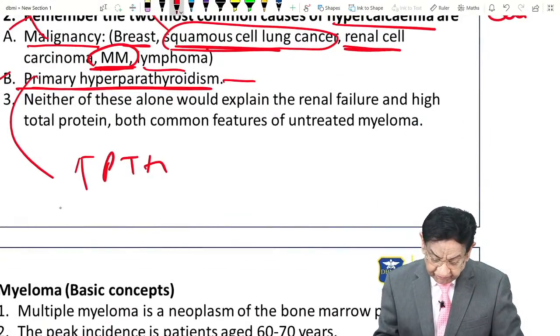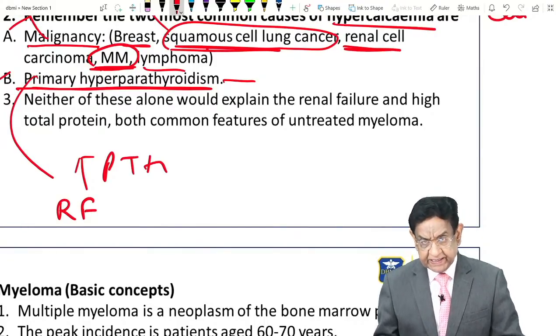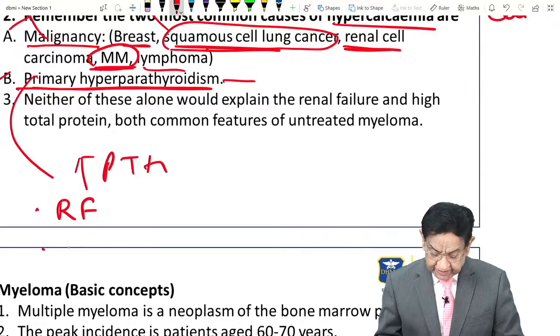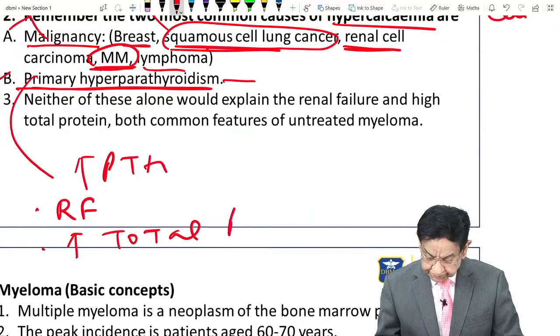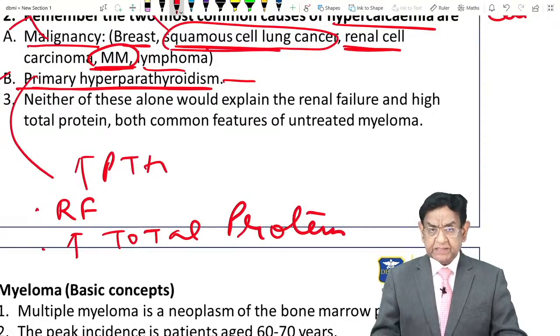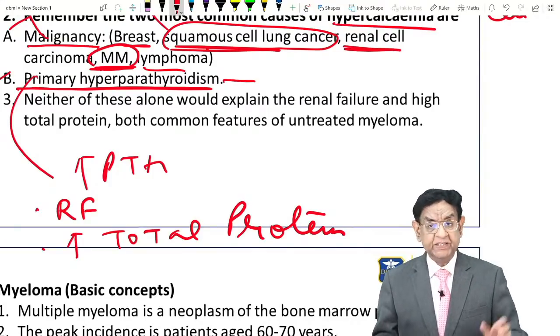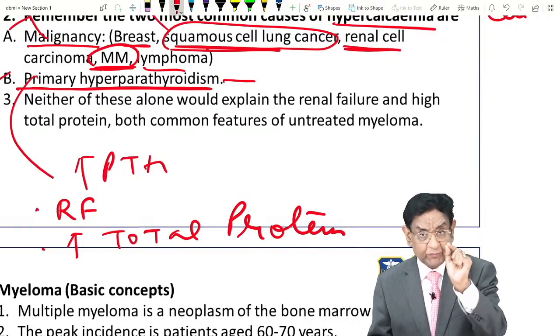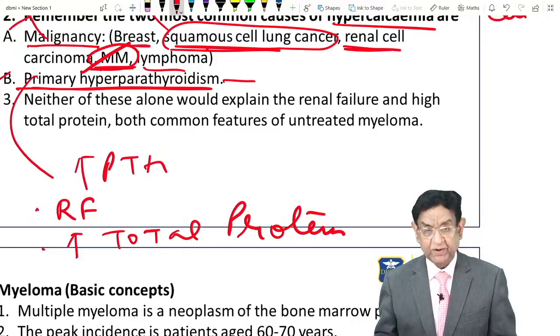But in our patient, we are getting two additional findings. We are getting a finding of renal failure, because urea and creatinine are increased, and we are also getting increased total protein. This renal failure and increased total protein occur in only one condition, that is multiple myeloma.